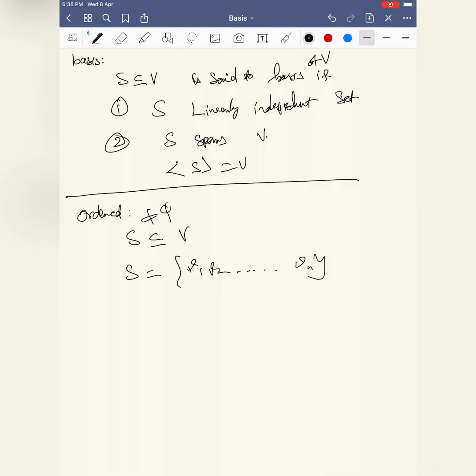If it is finite, this is like an order in natural numbers; if countably infinite, we can order by natural numbers. Or if it is uncountable, we will use some order.